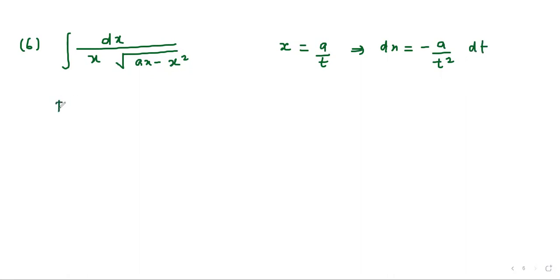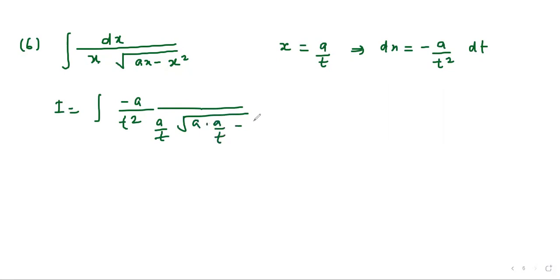So I equals integration of −a/t² dt, and in place of x we are writing a/t, and root of a times a/t minus a²/t², dt.